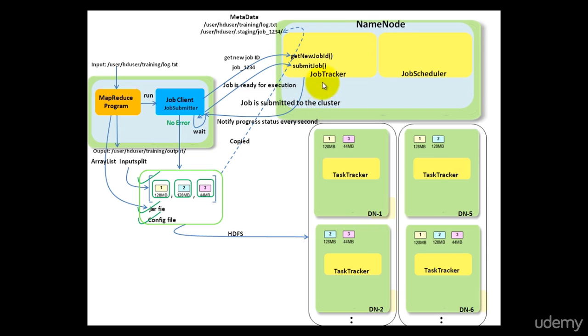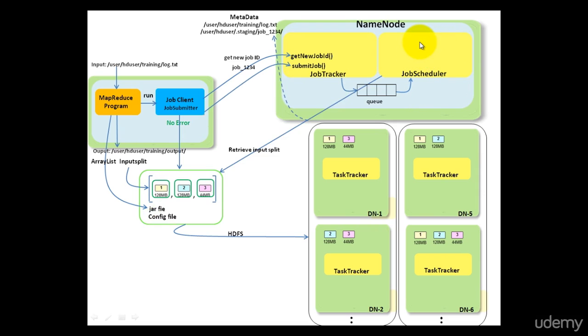After the job tracker is indicated that the job is ready for execution, the job tracker will put it into an internal queue. Then the job scheduler will pick it and initialize it. Let us see how a job is initialized. As a part of initialization, tasks are created here. In order to create tasks, the job scheduler first retrieves the input split.